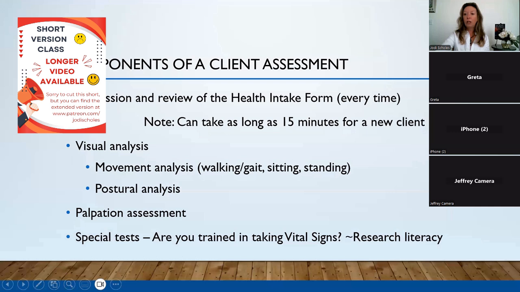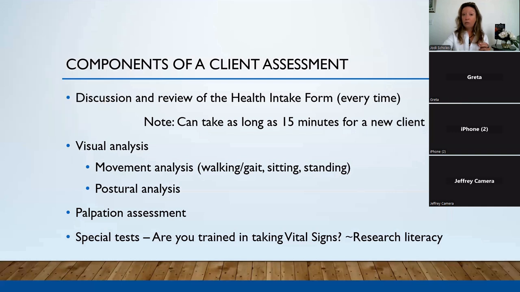Here are the things we're going to be looking at today. We're going to talk about the health intake form and the importance of using it. A reminder that with a new client, your intake could be up to 15 minutes. And depending on where you work, in my opinion, those 15 minutes are not part of the session time.